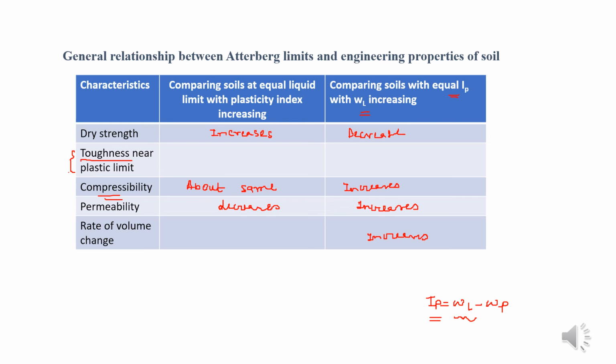For plasticity index increasing with equal liquid limit, the rate of volume change decreases, as opposed to soils with equal plasticity index but increasing liquid limit. So determining the Atterberg limits is of great practical usage.